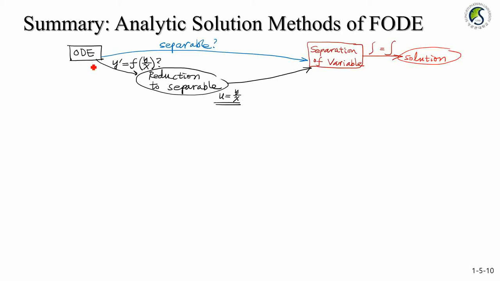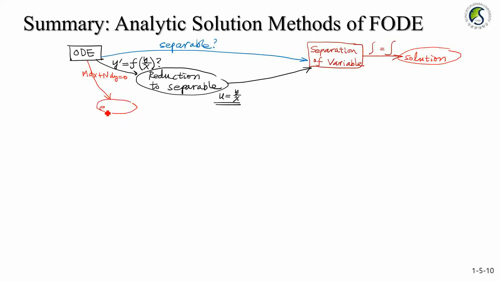And the next type is exact form. If the equation is given in the form M dx plus N dy equals 0, then you would need to check the exactness of the equation.